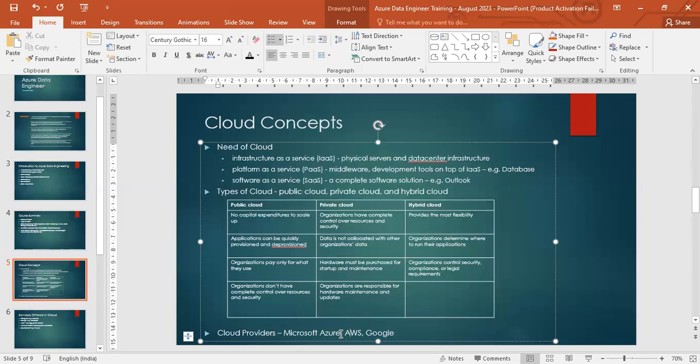The same capabilities are not available to that extent on AWS or Google. That is the main reason Azure is dominant right now, and it has many features and services which can be used very easily. The important part is the integration between these services. Any question on this?